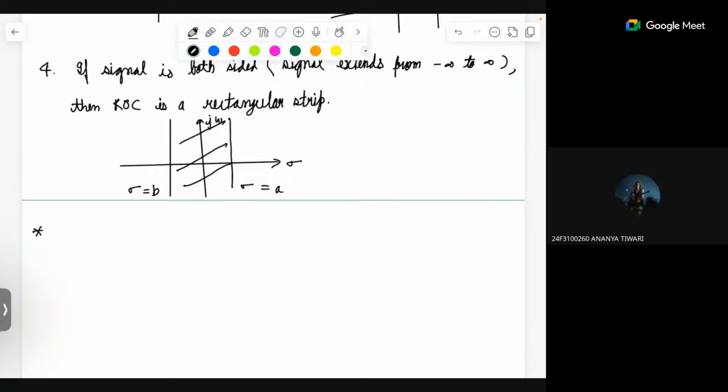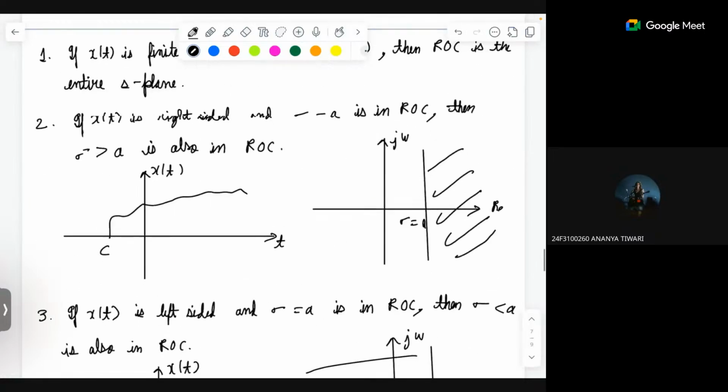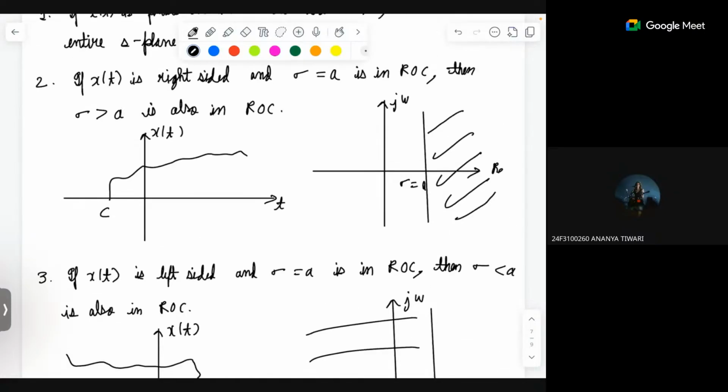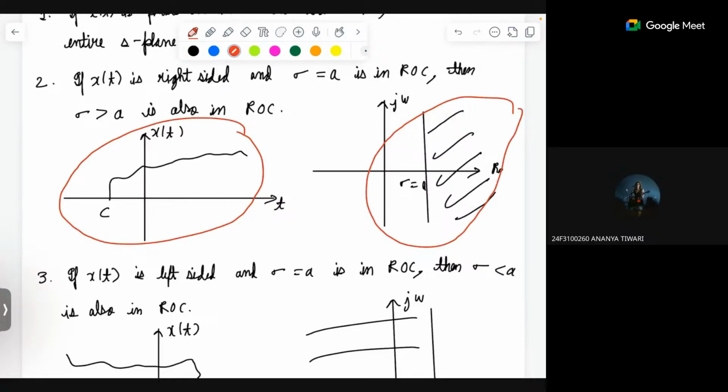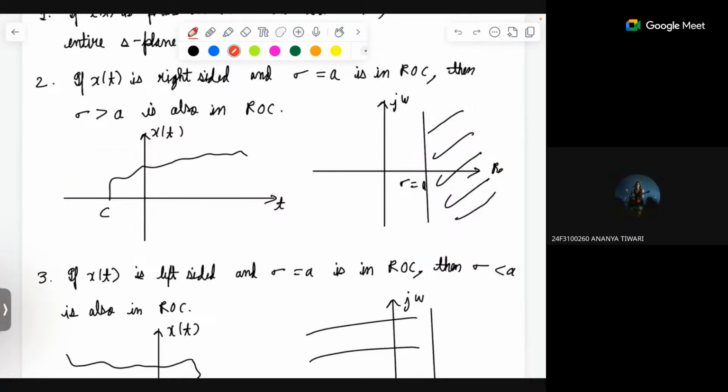Now the thing to note is ROC of right sided signal will be right sided, and so this was my right sided signal, and the ROC is also right sided. Are you able to see this? Yes, ma'am.